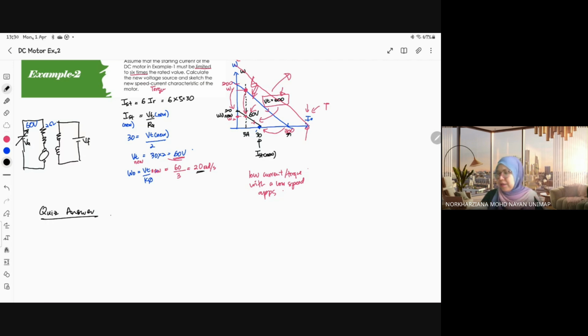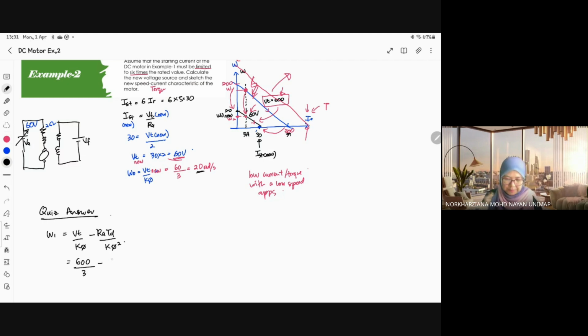Quiz answer. First, motor speed for example 1. It's Vt over Kv minus Ra Ia over Kv squared. Simple. For example 1, Vt is 600. Kv is the same, same Kv, 3.